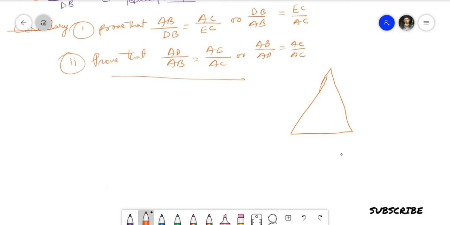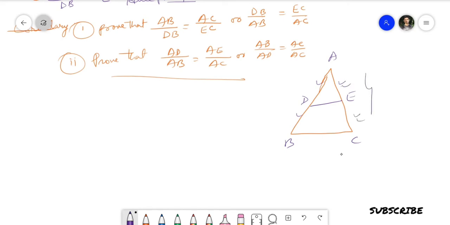So we have drawn that one earlier. I'm just showing A, B, C, and this was D, and this is E. We proved from there that the ratio of these two lines is equal to this.